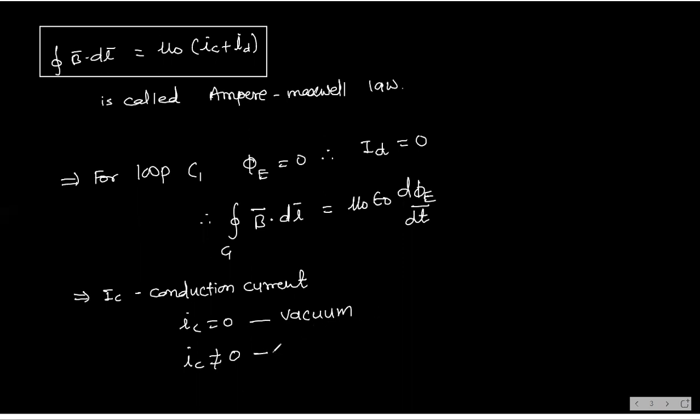So this IC is not equal to 0 only in conductors. Okay. Vacuum, or here I am writing dielectrics. Okay. So IC is equal to 0.